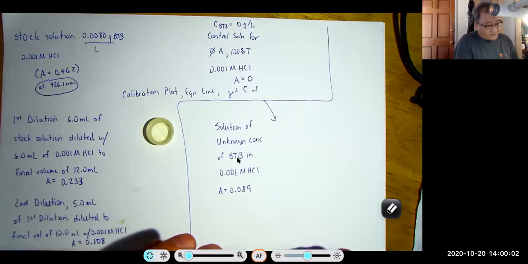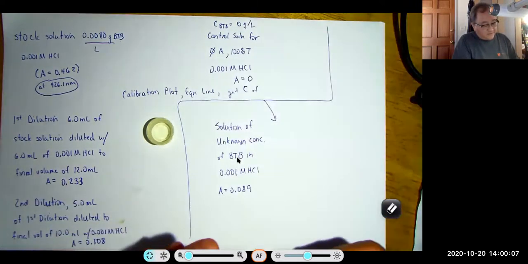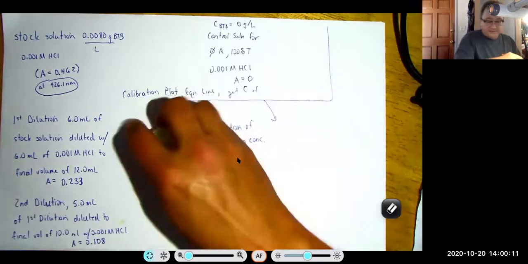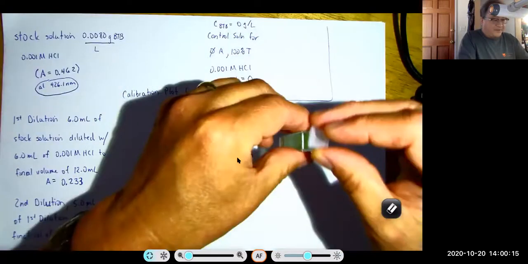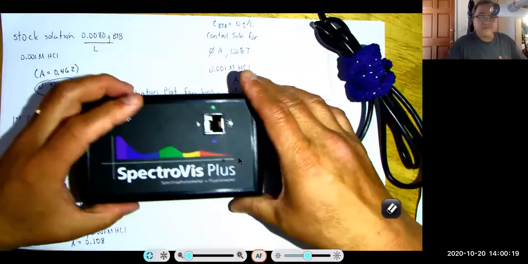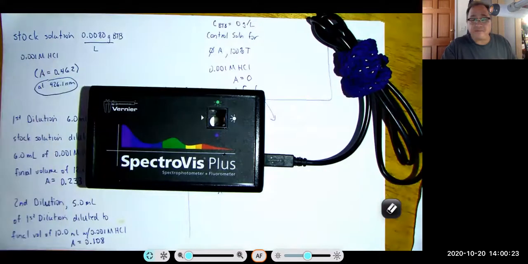So I'm going to put some of this in my cuvette and rinse it out a little. And there we go. It's filled up. And I'm going to put this in my spectrophotometer. And let's see what we get for a spectrum. So here, I'm going to clear both of these. I wonder if there's a way to just clear all of that.